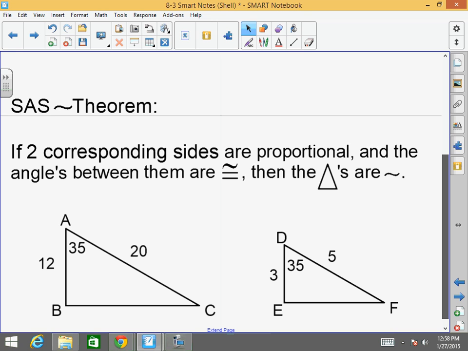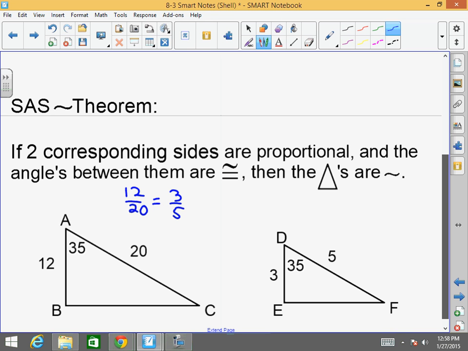So basically here, can I prove that ABC and DEF are similar? Yes, I can. I have here 12 to 20. Does 12 to 20 equal 3 to 5? Absolutely it does. I can cross multiply: 5 times 12 is 60, 20 times 3 is 60.